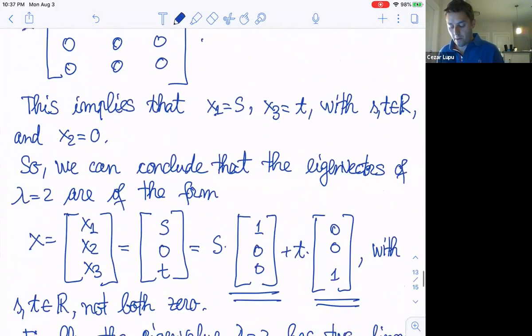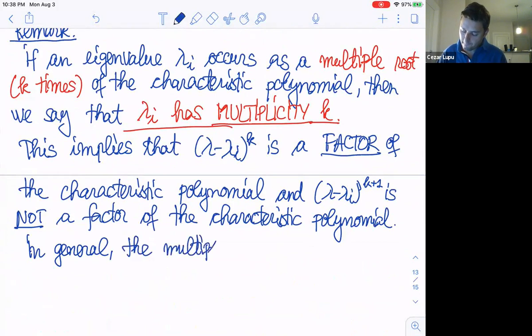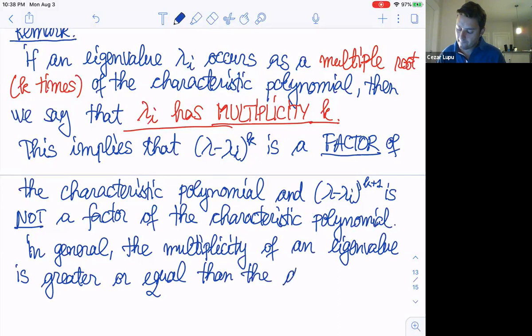In general, I want to remark here one more thing. In general, the multiplicity of an eigenvalue is greater or equal than the dimension of its eigenspace.